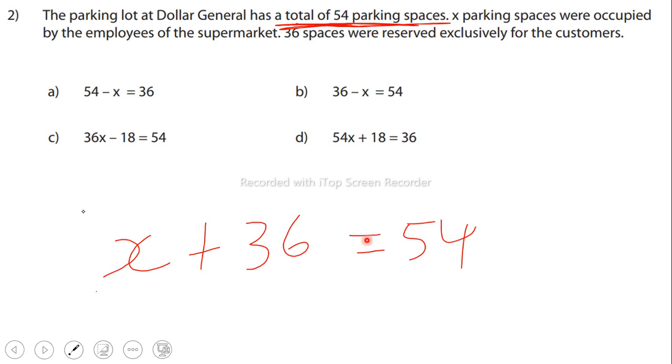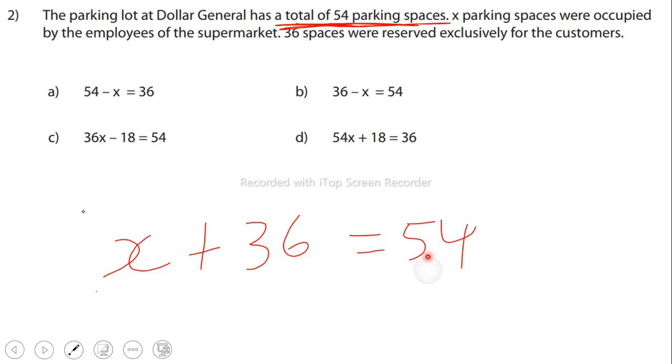Now the question is, do we see this exactly on the question? The answer is no, we don't see it exactly, but we could rearrange it such that it forms what we have here.